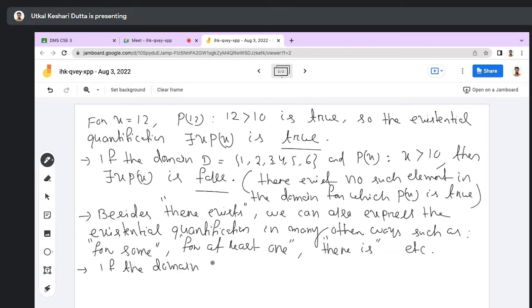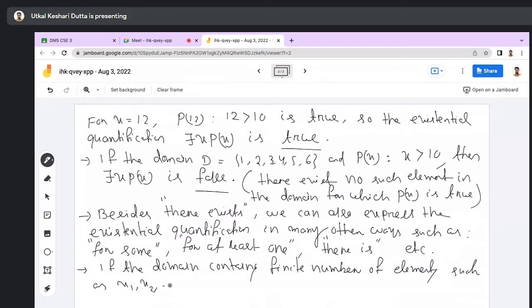If the domain contains a finite number of elements, such as elements x1, x2 up to xn, we are considering these elements.